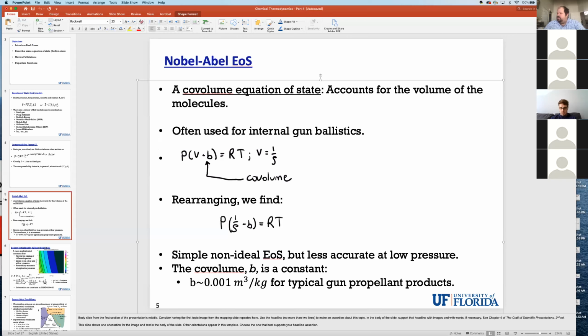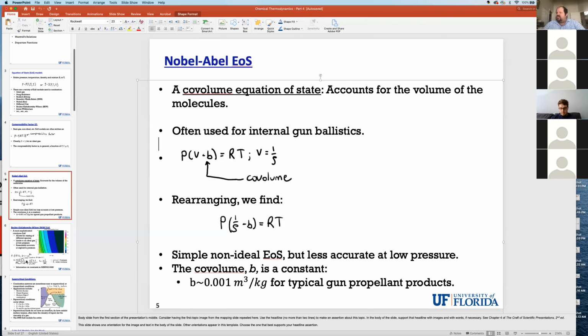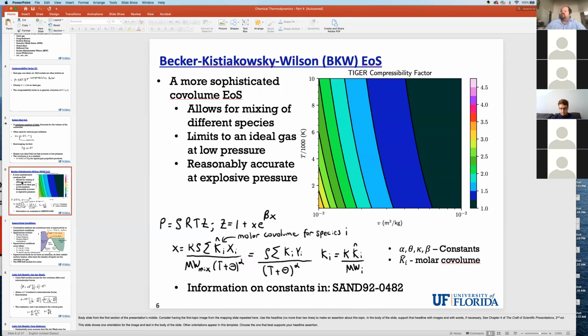Typically for gun propellant products, which is where it's most commonly used, it's on the order of 0.001 meters cubed per kilogram. And when I was working at Penn State, that is right around the number that we would use.